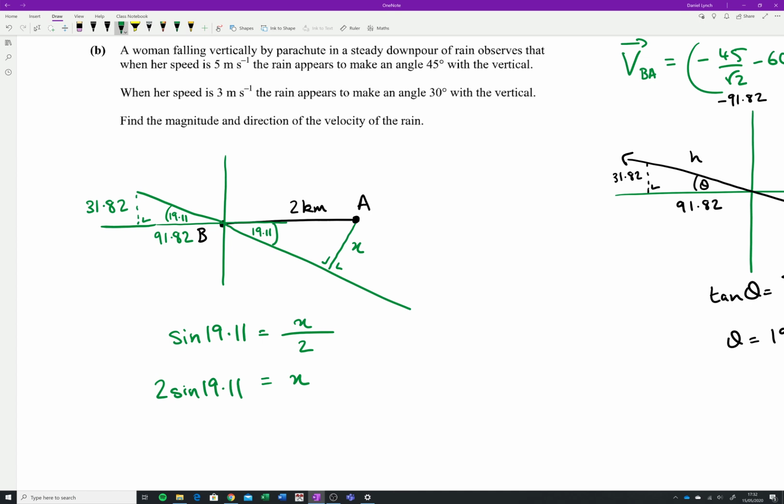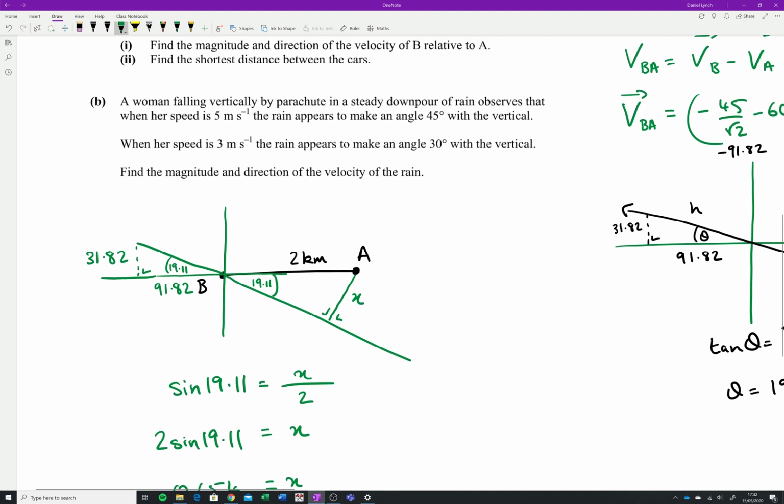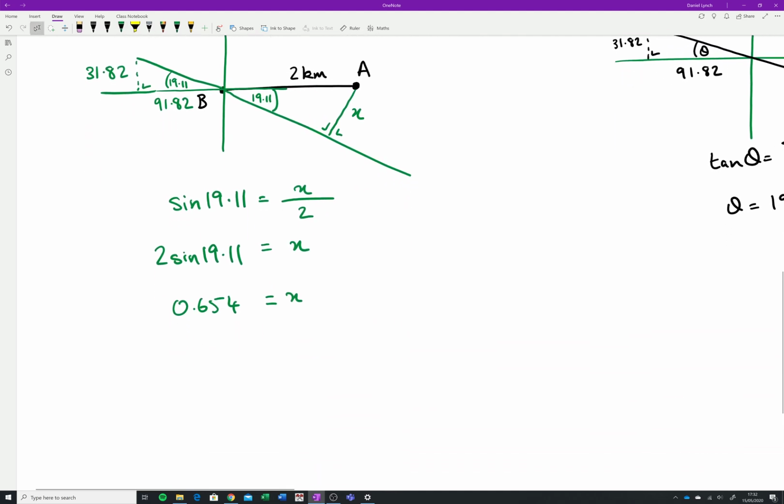Okay, now remember this is in kilometers. 0.654. So you don't just find the distance. Well, it's up to you. You can say that many kilometers, or you can say that the distance between them is 655 meters if you were doing it with meters, I guess.